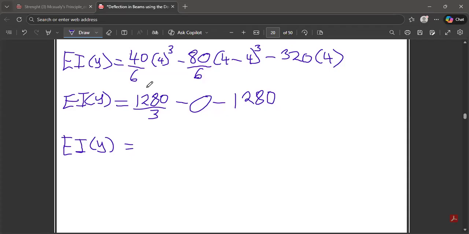Let's quickly punch the whole relation into the calculator and see what we are going to get.